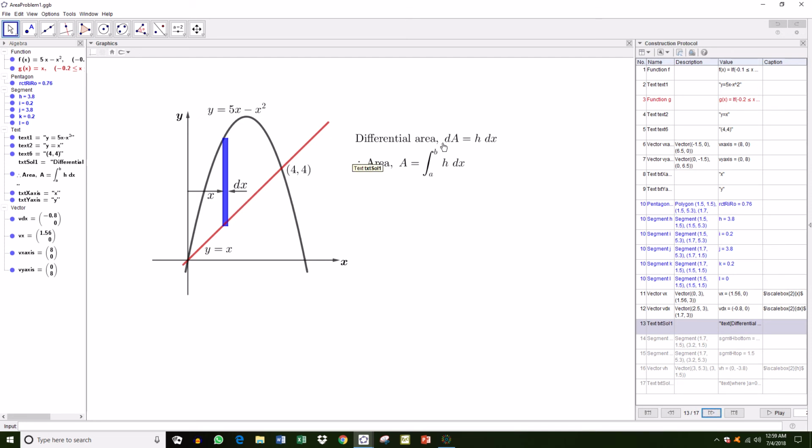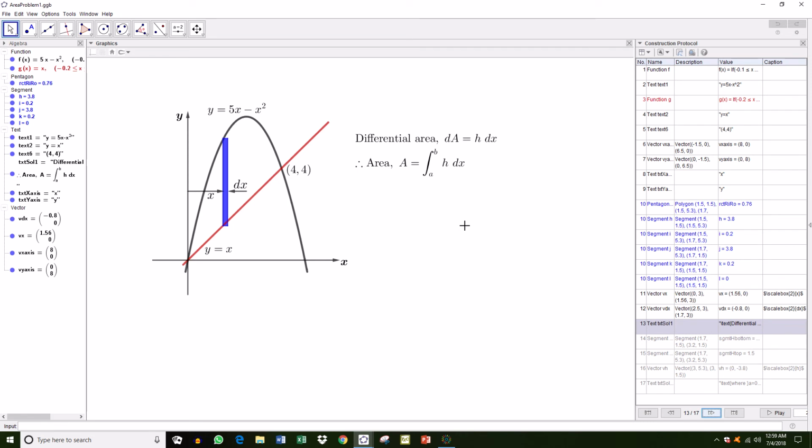When you integrate dA, you get A. Specifically, you integrate dA from a certain x value, x equals a, to a certain x value, x equals b, and you get the area between the curves in that interval. If you change the interval, you're changing the area that you are looking at. So when we integrate from a to b, we are finding the area from x equals a to x equals b between these two curves.